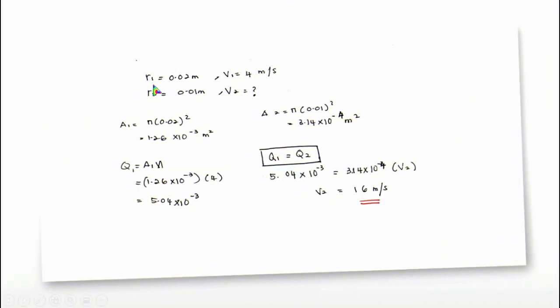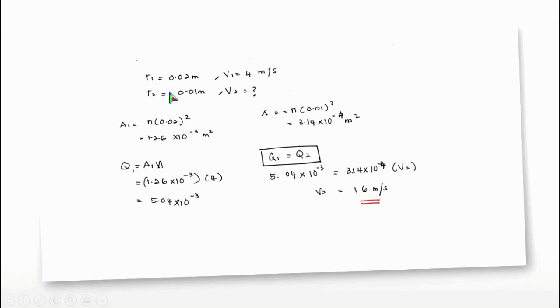Okay, as given, R1 is equal to 0.02 meter, R2 is 0.01 meter, V1 is 4 meters per second, and we don't know the V2. So how to find the V2? First, area is equal to pi R squared. So this is the formula of area.